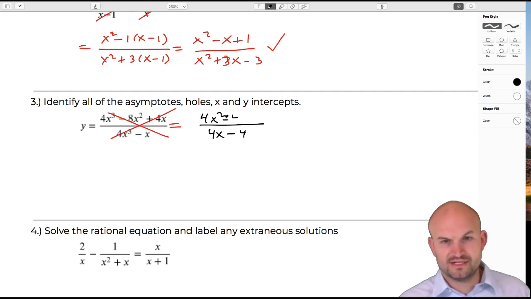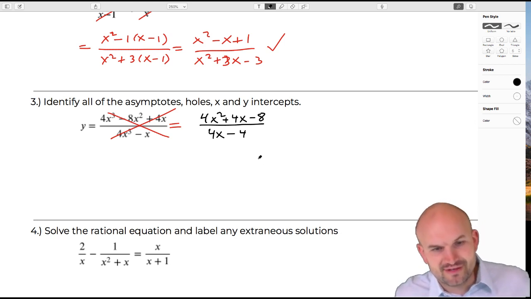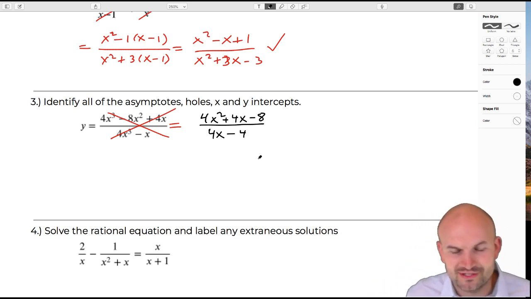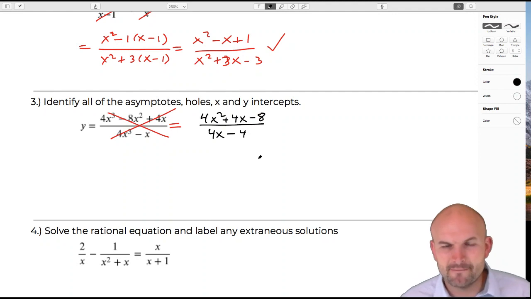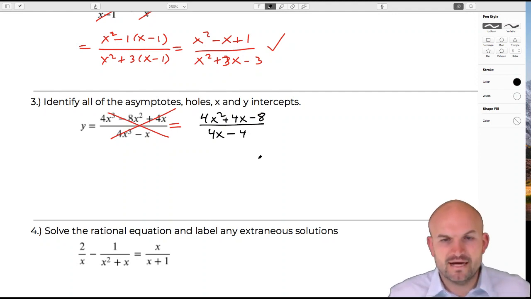No, plus 4x. Well, guess what I'll do? I'll simplify it, and if it's not right, I'll go ahead and fix it. And then I think that was minus 8. Yeah, but those were the same. Dang it, I can't believe I forgot that answer. And now I'm confusing this with all these other problems that I've been doing. All right, let's go ahead and simplify it.